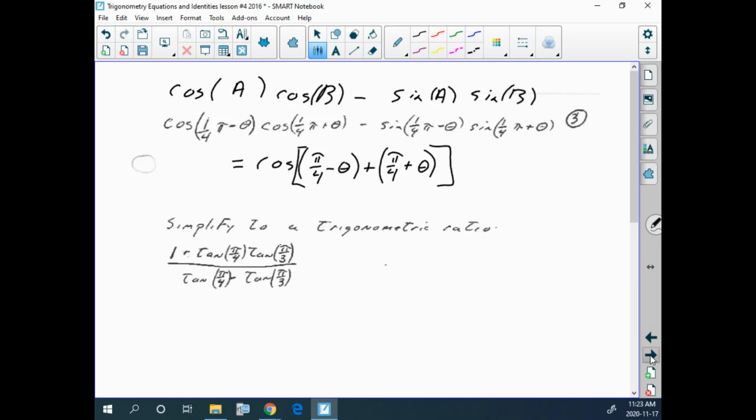Now we can do some gathering of like terms inside my brackets. Pi over 4 plus pi over 4 is pi over 2. Negative theta plus theta is 0. So this entire ugly looking expression works out to be cos pi over 2, which is 0.